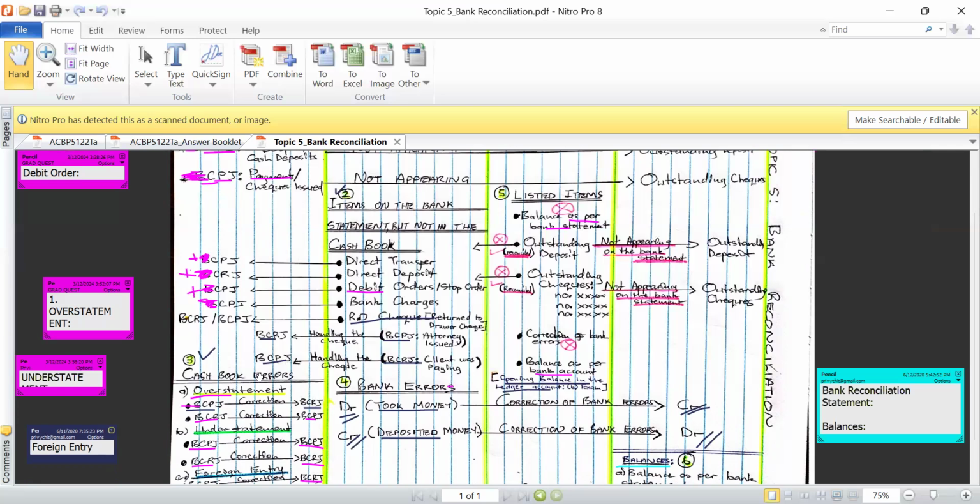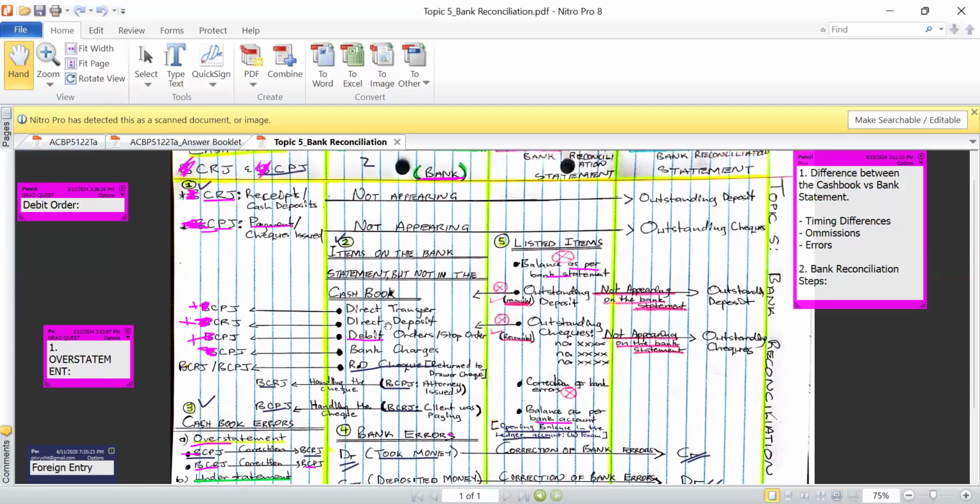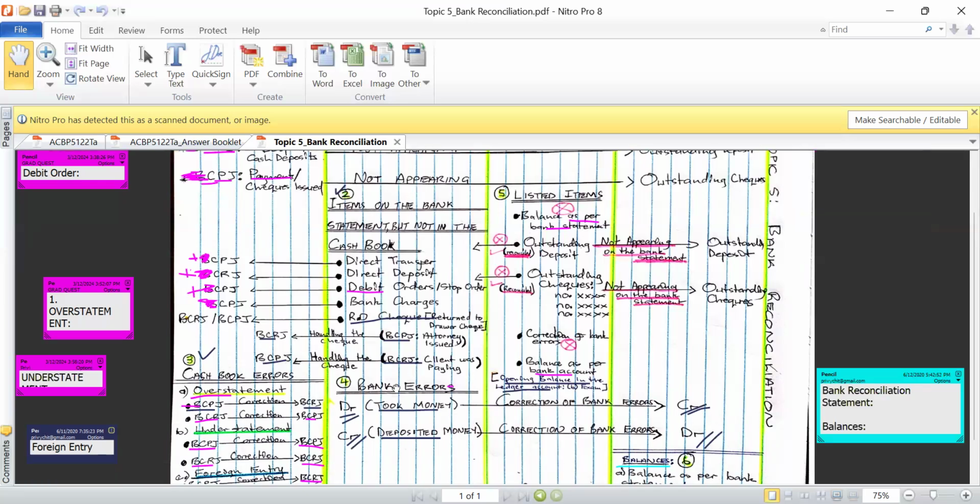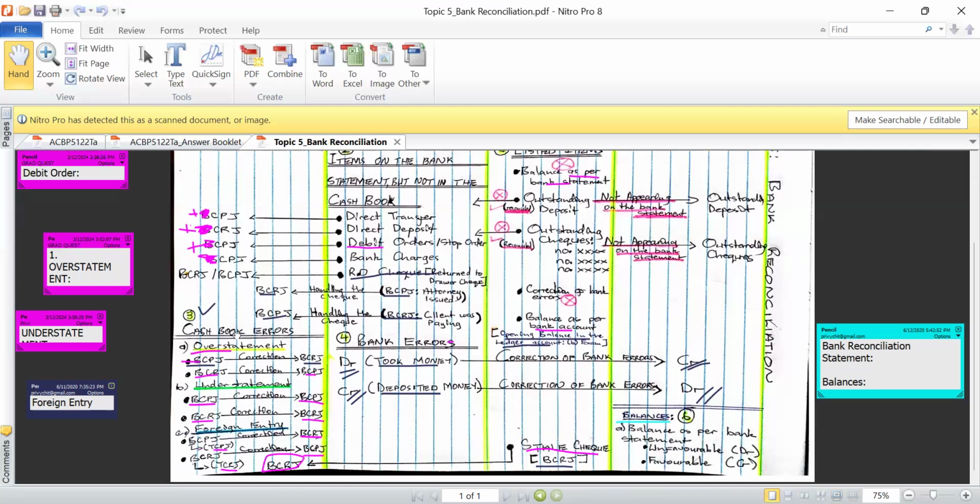Cash book errors. And then on the bank side, they can also make a mistake, and those errors that the bank makes, we call them bank errors. Now, mistakes that are made in our cash book, we correct them in the cash book. Errors made in the cash book are corrected in the cash book.